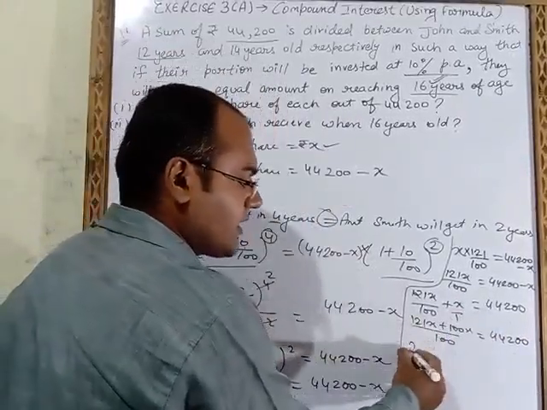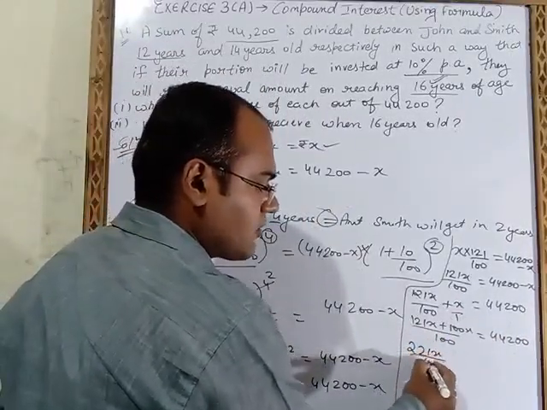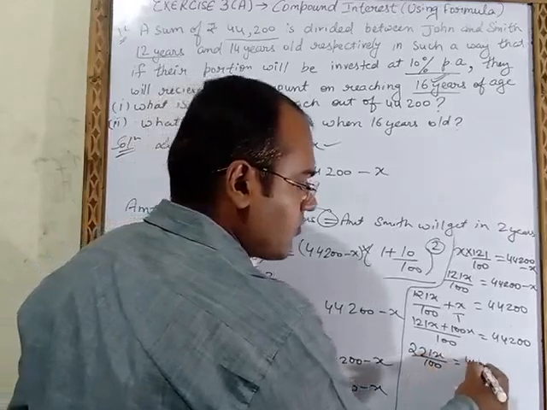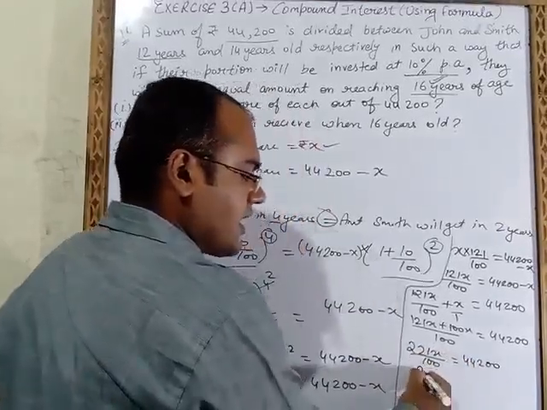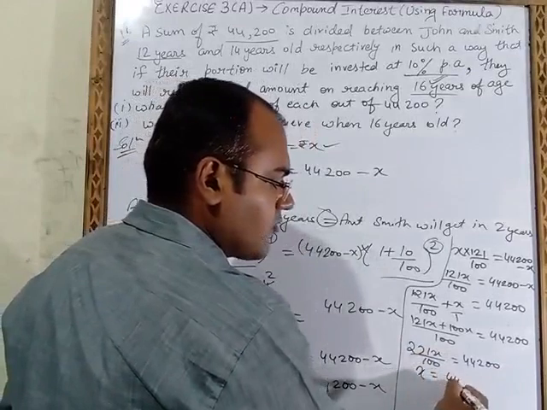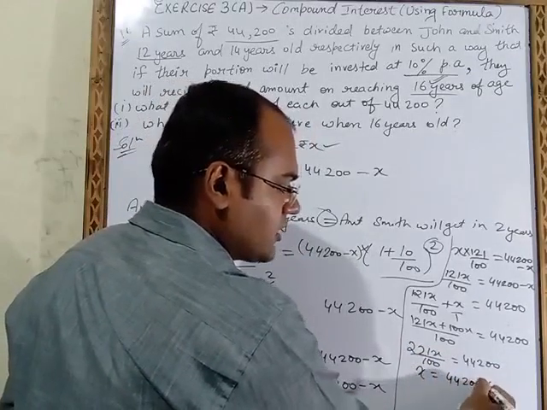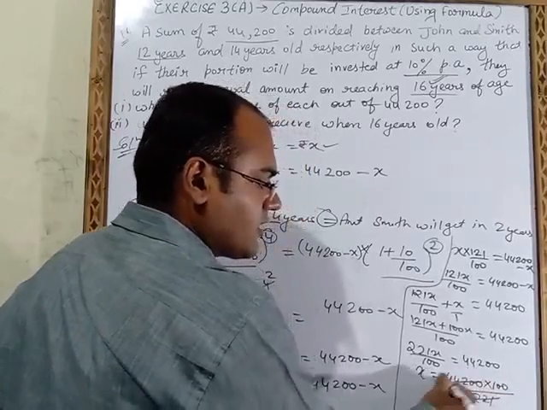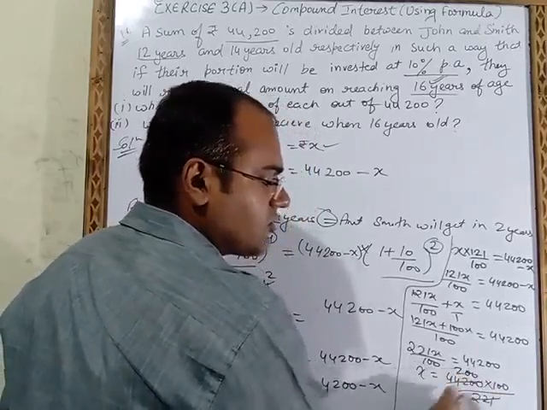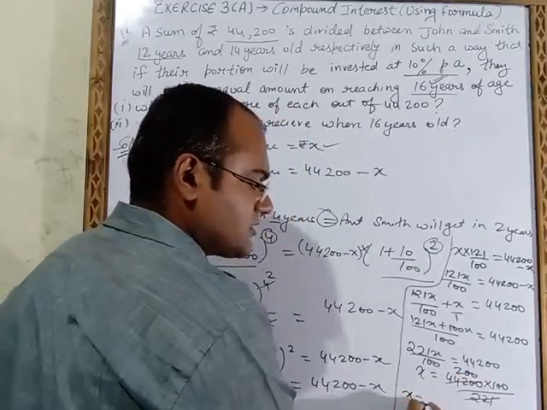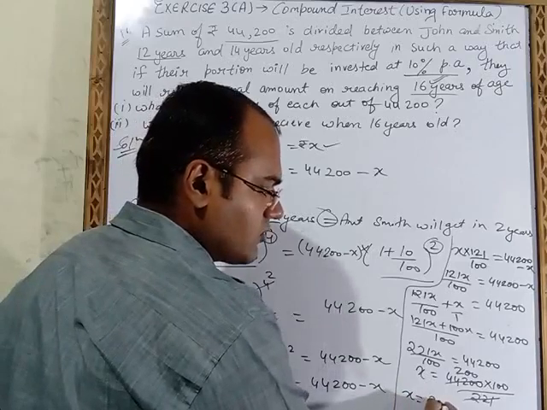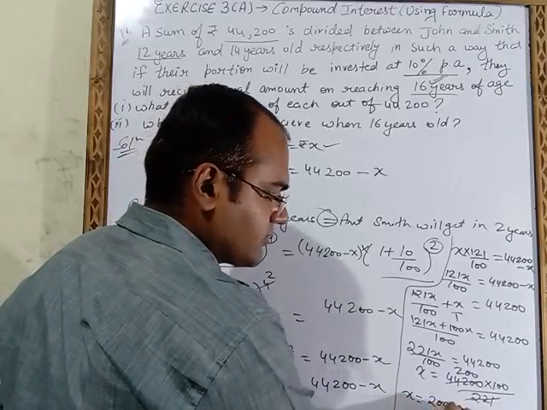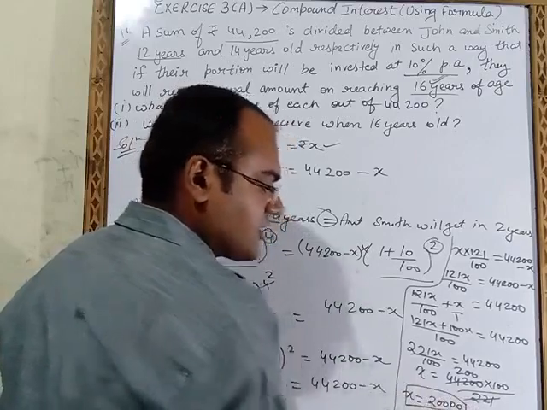On adding we will get 221x upon 100 is equal to 44200. X is equal to 44200 into 100 upon 221. 221 2 ja 42 and 20 will come here. So x answer is 20,000. We got the answer of x.